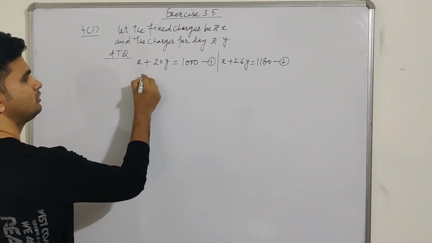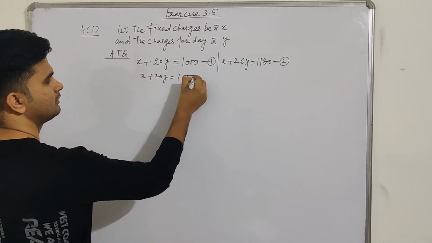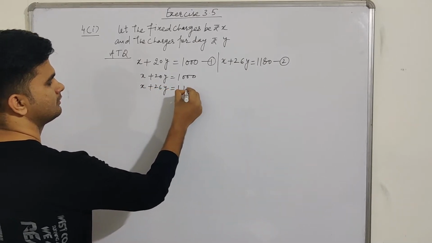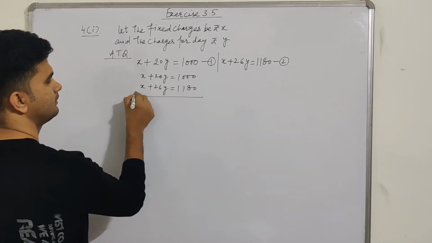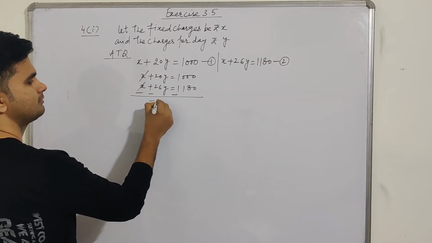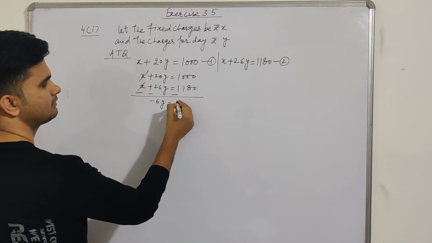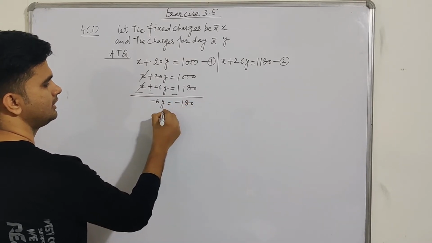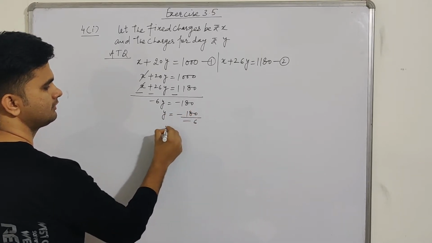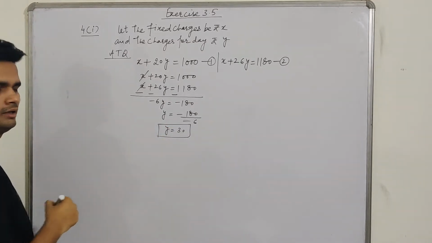So subtracting 2 from 1, subtracting 20 minus 26 gives minus 6y, and 1000 minus 1180 gives minus 180. So y is minus 180 upon minus 6. So y is equal to 30.